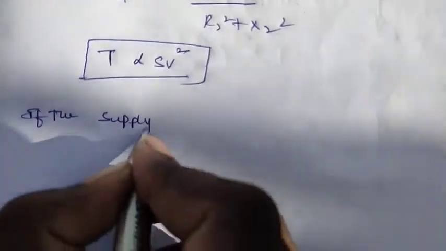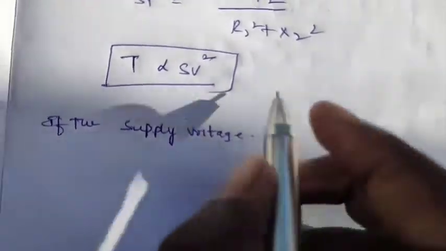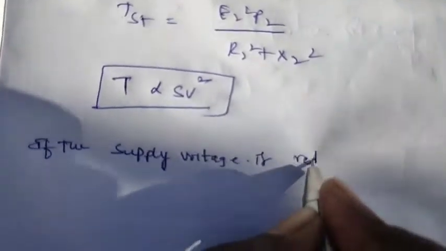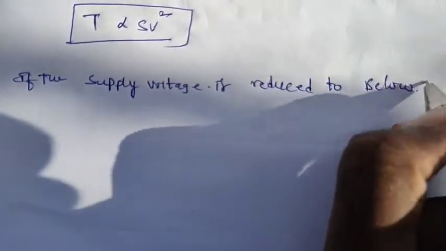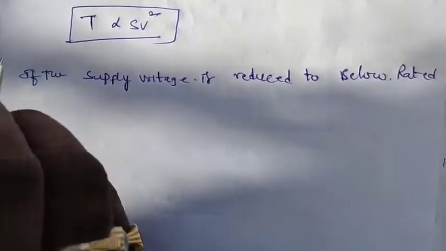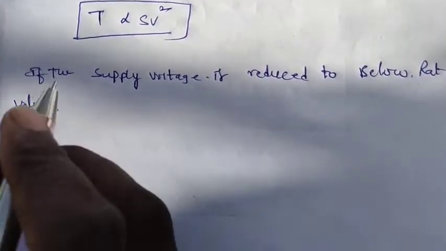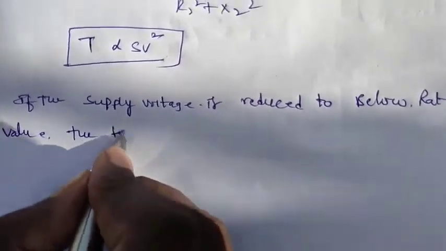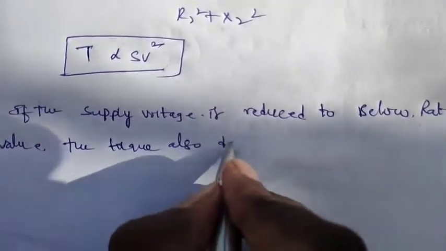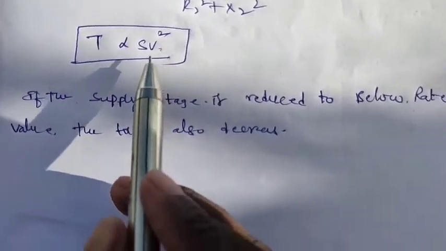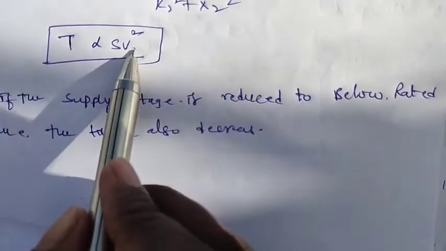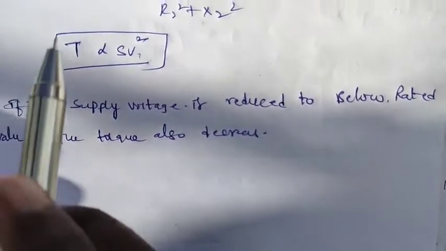If the supply voltage is reduced below the rated value, the torque also decreases.